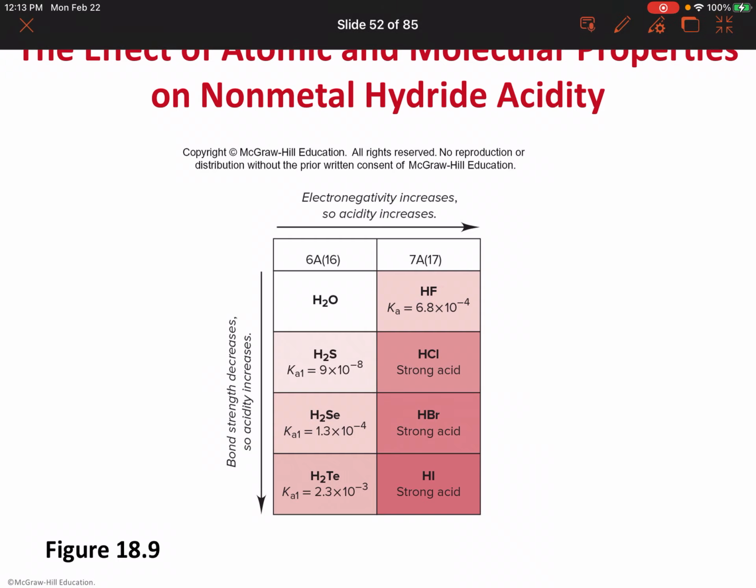We always have to look at the resulting atom or ion strength once you lose a proton. For example, I can take water and HF. Water, if you lose a hydrogen, would become OH minus.